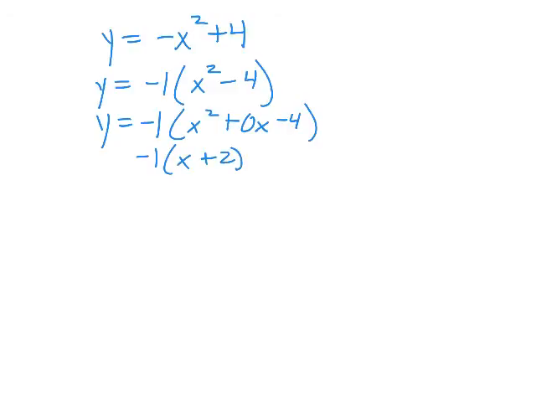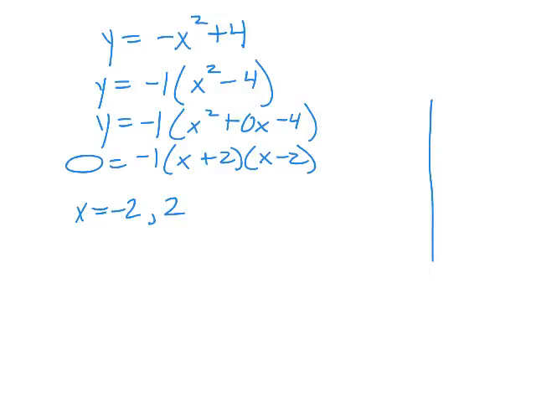(x plus 2)(x minus 2), which, if I set that equal to 0 using the zero product property, gives me x-intercepts at negative 2 and at positive 2. Making a plot of those at positive 2 and at negative 2, there's an intercept, there's an intercept. Halfway between those is x equals 0, which is the y-axis, and there's our axis of symmetry.